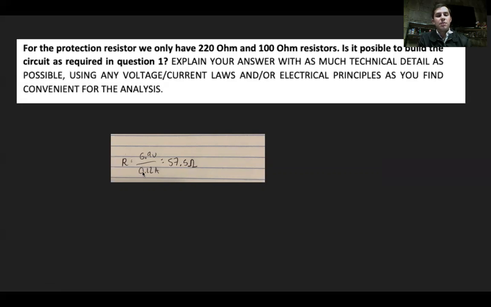When we use the maximum current permitted, we need a resistance of 57.5 ohms, and we can change the value of the resistance between the maximum and the minimum, and we will get values between 57.5 and the 345 that we got before. So we can use any of those values to build the circuit with the resistance mentioned here.